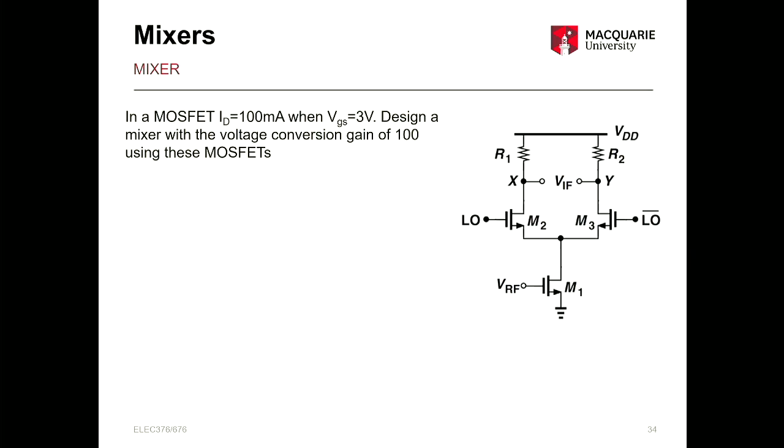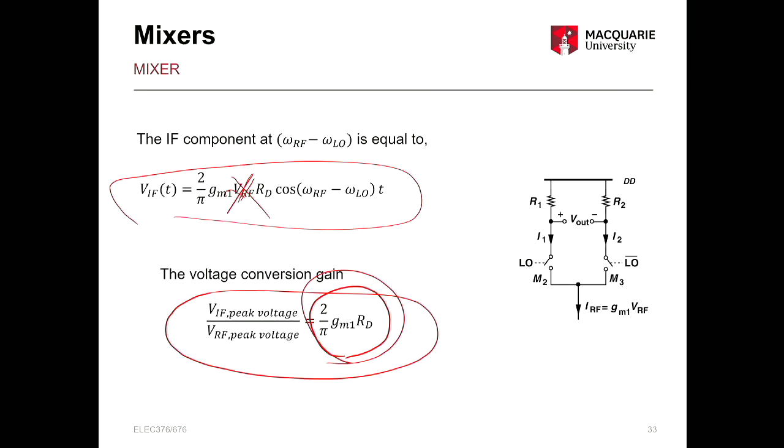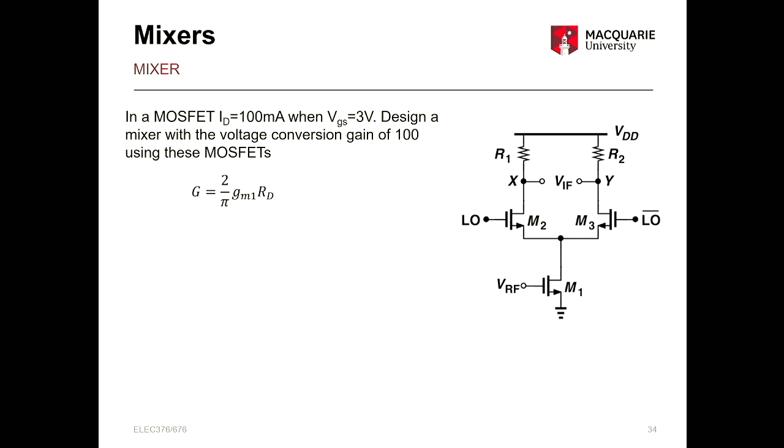So how can it come in a question? Can you try to attempt this? If you're given the voltage conversion gain that we derived here, which is G or GV, equal to 2 divided by pi GMRD, and the ID is 100 milliamps and VGS is 3 volt, design a mixer with a voltage conversion gain of 100.